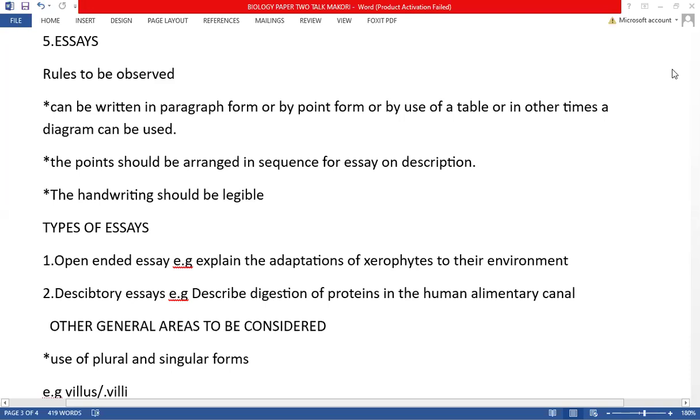Still, there is a question: between the open-ended and the descriptive essay, which one is not strictly marked, which one is the best to answer? When you have been given open-ended, it depends on the points that you have. Do not fear indicating the descriptive essay.